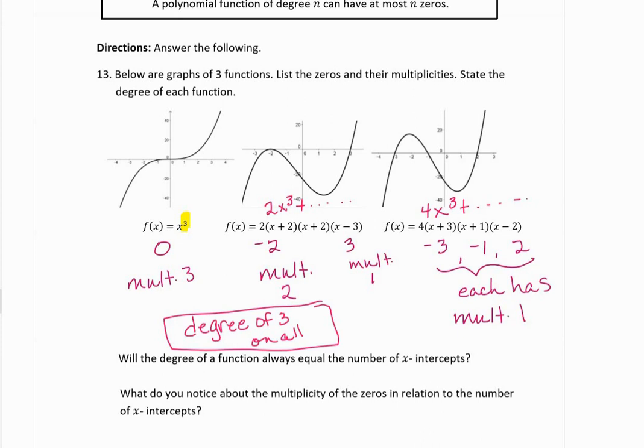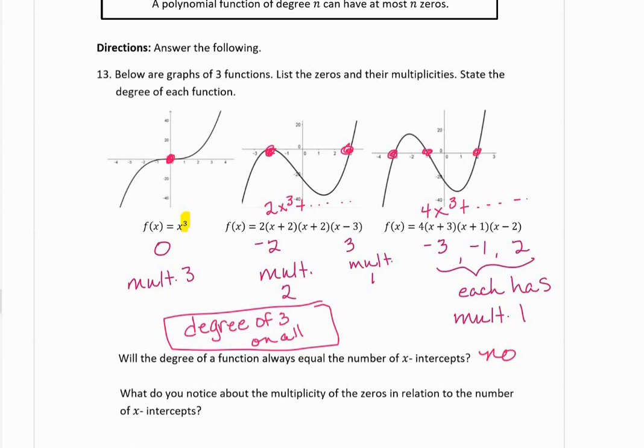Okay, so the next question is, will the degree of a function always equal the number of x-intercepts? Here I have one x-intercept, here I have two x-intercepts, and here I have 3. So just because I have a degree of 3 doesn't mean I have 3 x-intercepts. So the answer to that was no. What do you notice about the multiplicity of the zeros in relation to the number of x-intercepts?